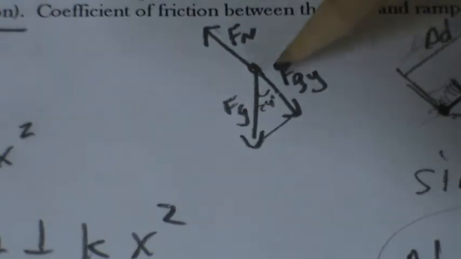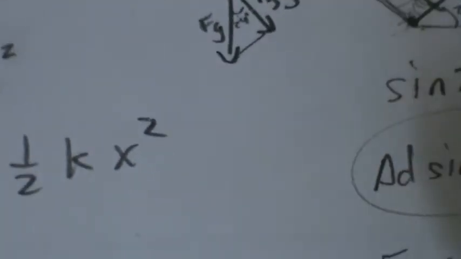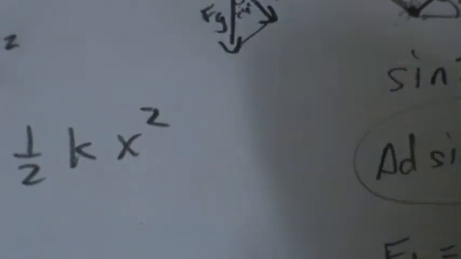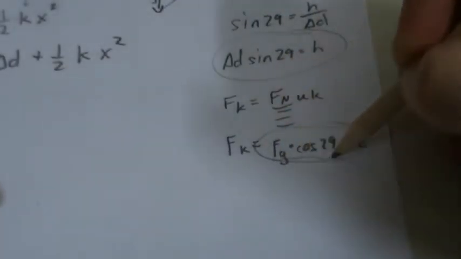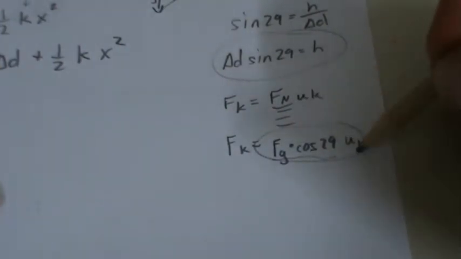This is the adjacent side to 29. This is times uk. And so the force of kinetic friction Fk is Fn, which is Fg cosine 29, times uk.